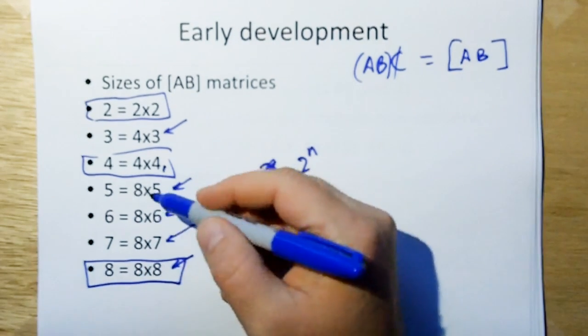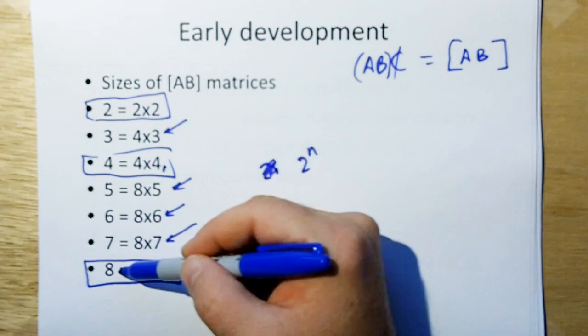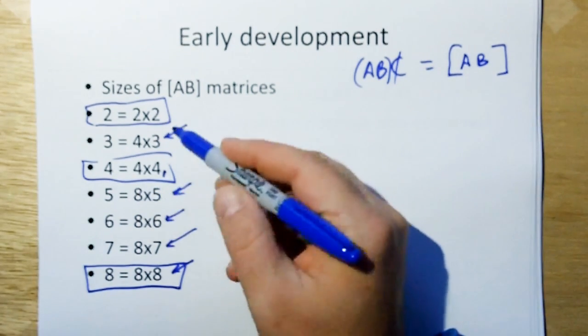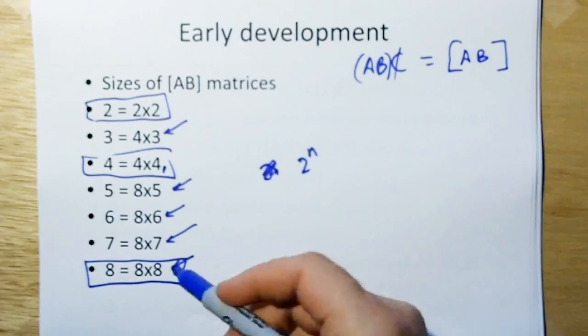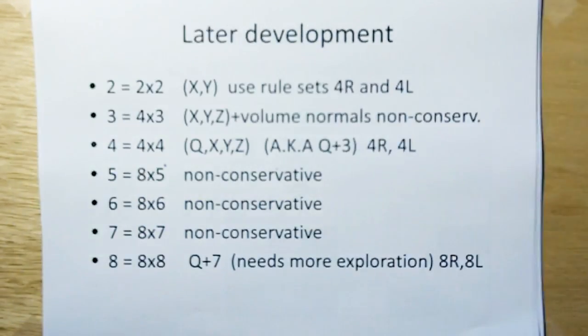So if you want to do a 5 by 5 algebra, do it with an 8 by 8 rule set and everything will work out fine. Don't try working with the square matrices, everything works out better. And I took this all the way up to 16 by 16, using a computer.